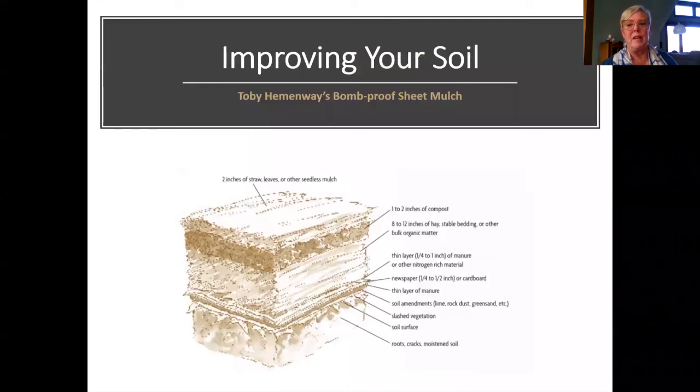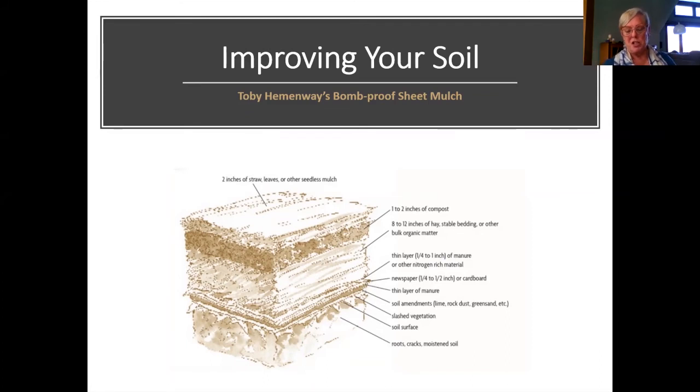This is Toby Hemenway's compost sheet-mulch recommendation, and I think you can see with all the various layers in there, it's a great way. And once you do the sheet mulch, you can plant right through it. It's not something you have to pull up or incorporate into the soil.